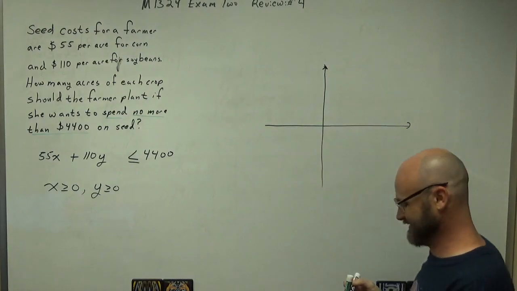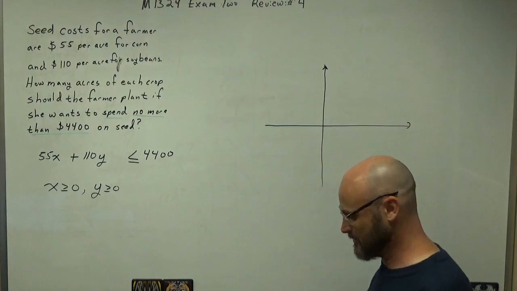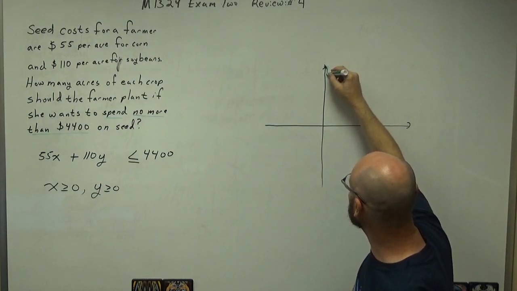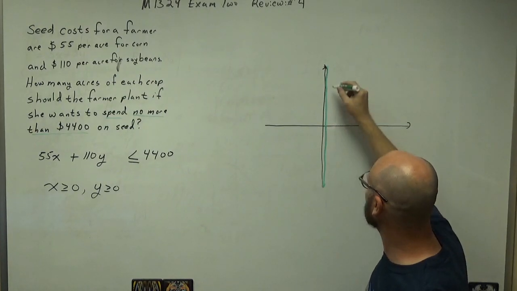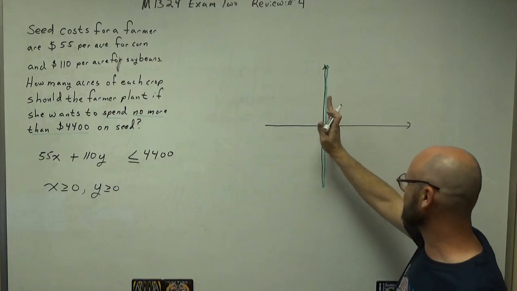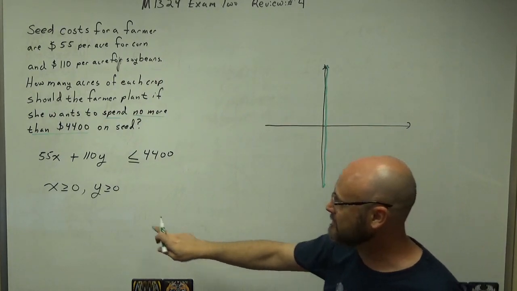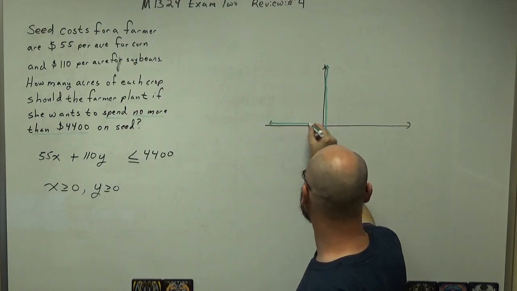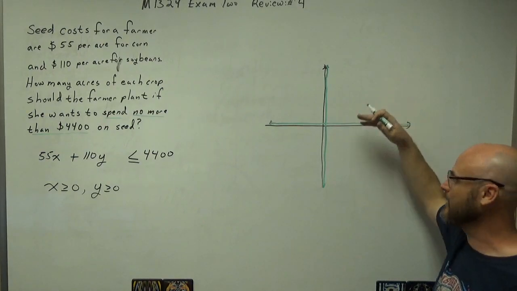But anyway, sorry. It says that x and y are greater than or equal to 0. So we have to graph the x and y axes. If x is going to be greater than or equal to 0, we must graph the y-axis, because on the right side of the y-axis, x is positive. Likewise, if y is going to be greater than or equal to 0, we must graph the x-axis, because above the x-axis, y is positive.